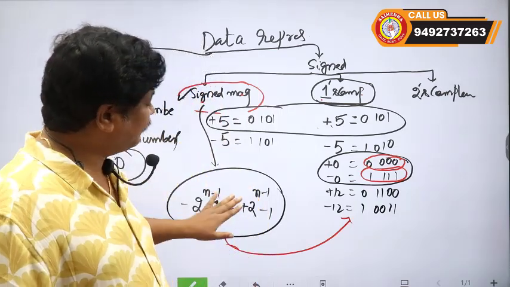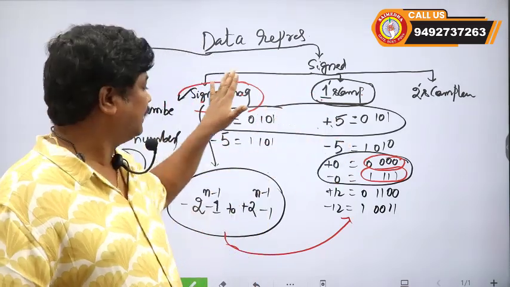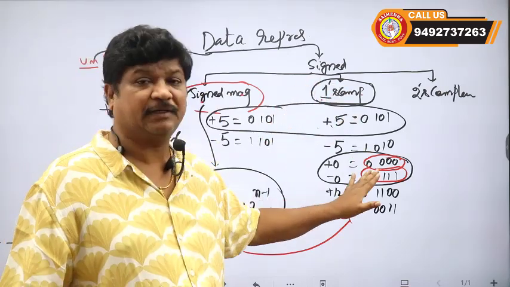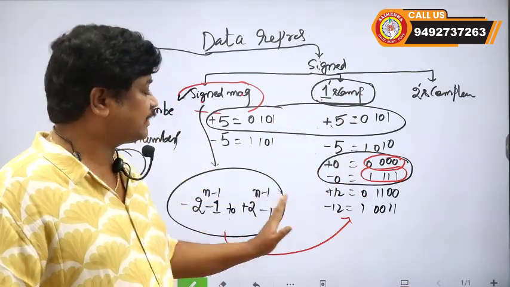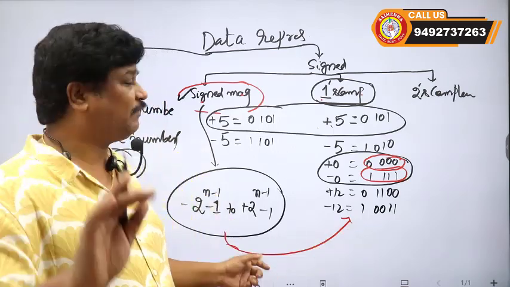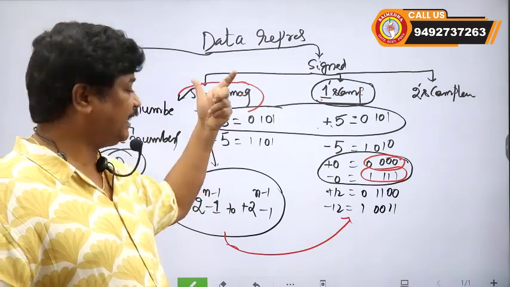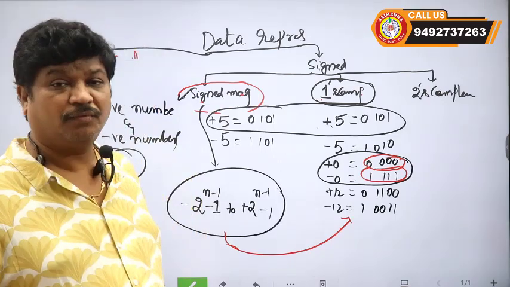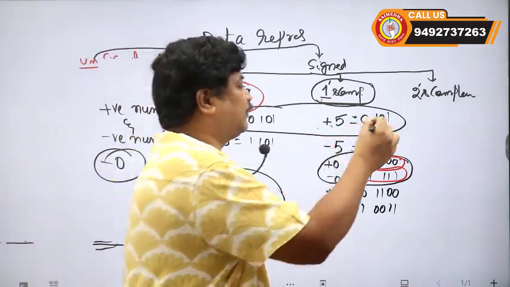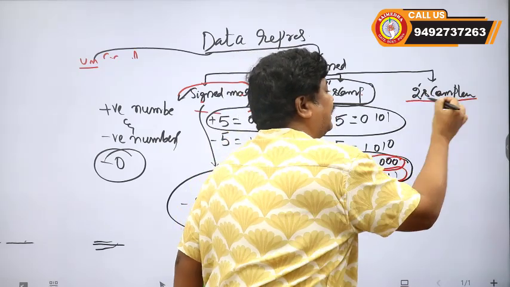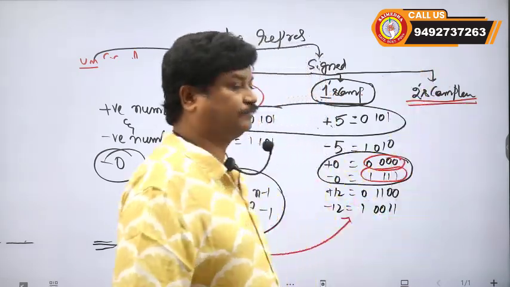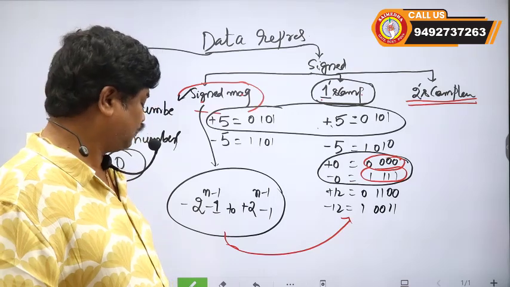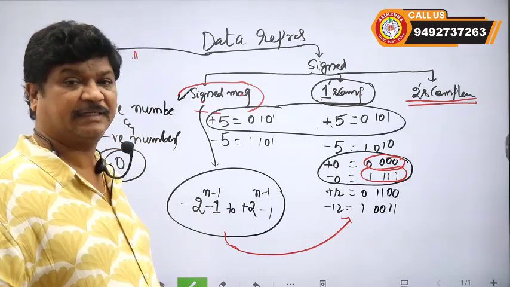Here positive numbers are there, and there too; negative numbers are there, and there too. The range is also the same. The main disadvantage is that positive 0 is here and negative 0 is here. That is the drawback. Now we are going to talk about the 2's complement data representation. What is that? 2's complement data representation.